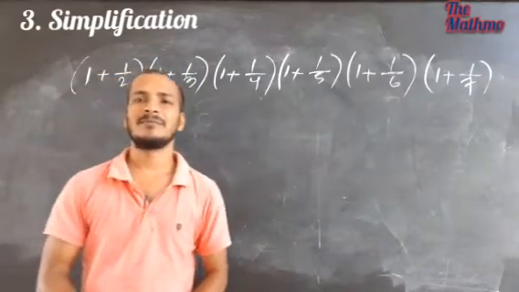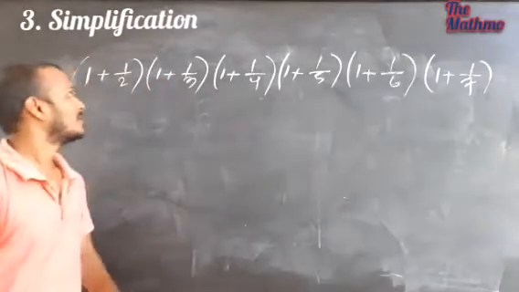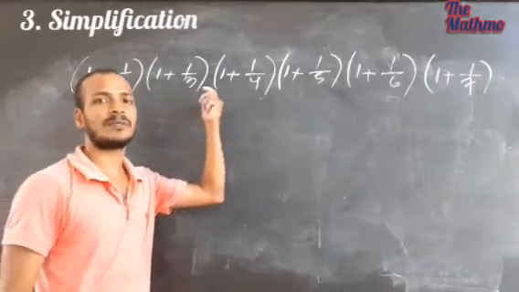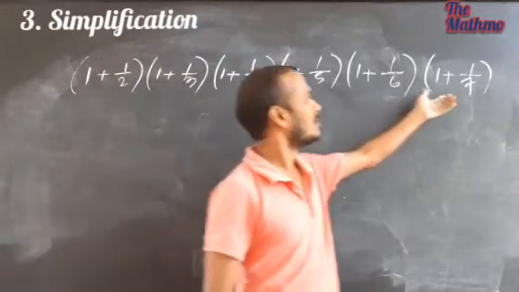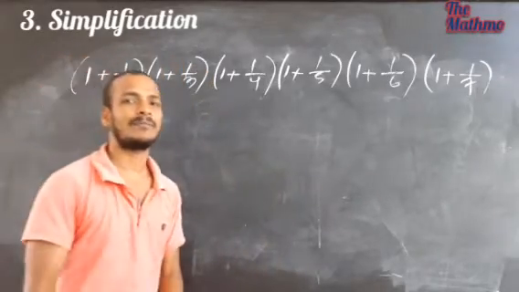Now we'll see some special type of fraction, how to simplify it. If the fraction is given in this way, 1 plus 1/2, 1 plus 1/3, 1 plus 1/4, and so on, how to add in the simplest way?